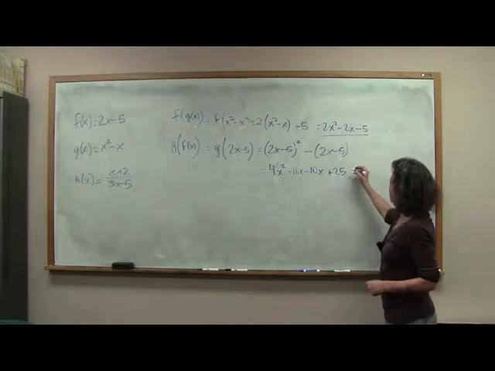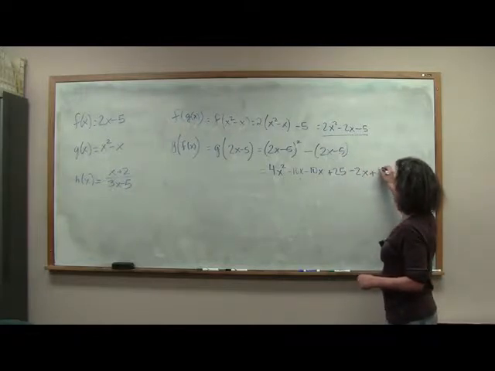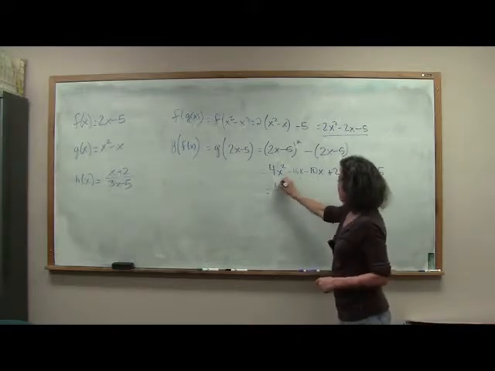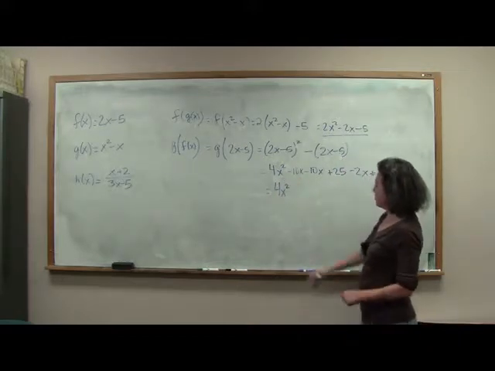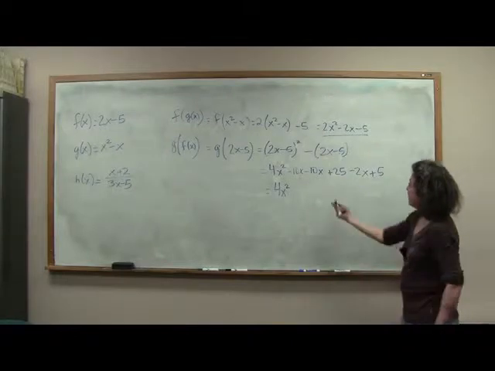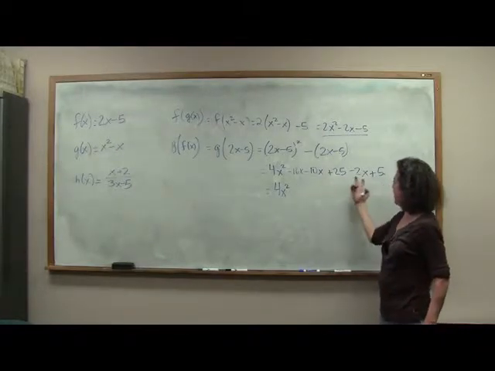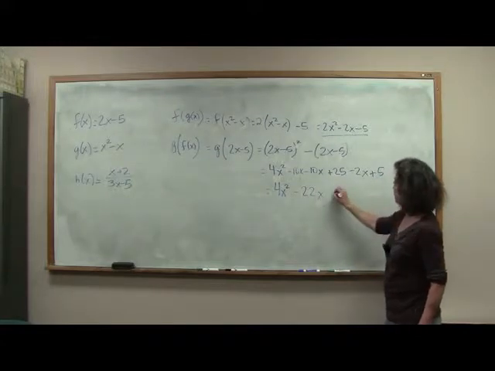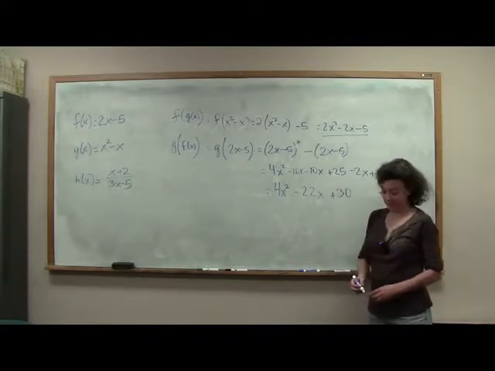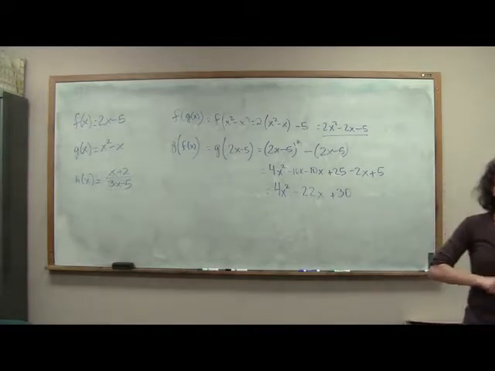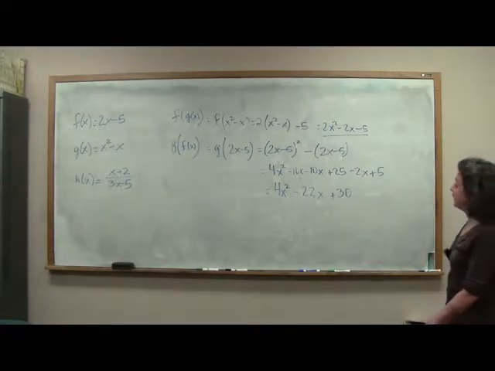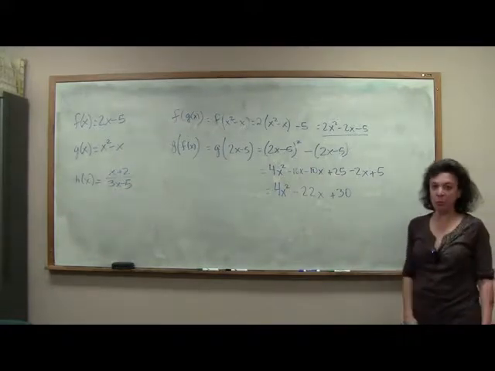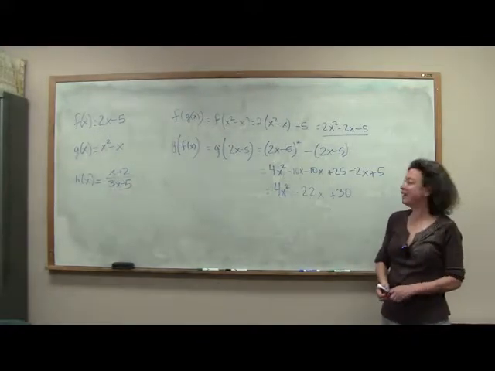And now I'll also distribute the negative sign throughout my parentheses. So, now I combine like terms. I've got my 4x squared. Here I have minus 20x minus another 2x, so minus 22x plus 30. A little more work for sure because we had to FOIL out that term. Again, I know you can factor out a 2 and maybe do more, but stop.